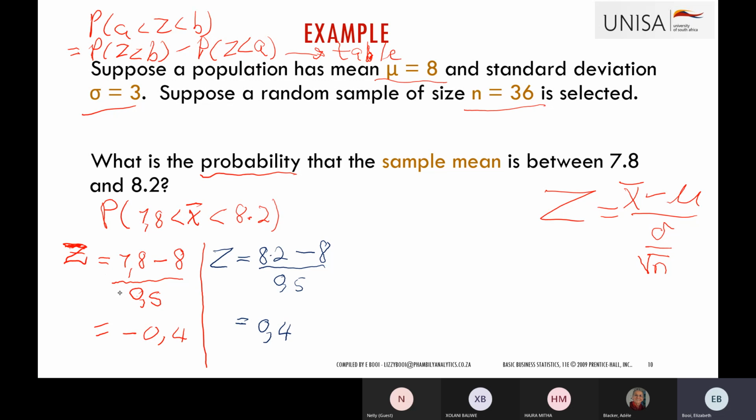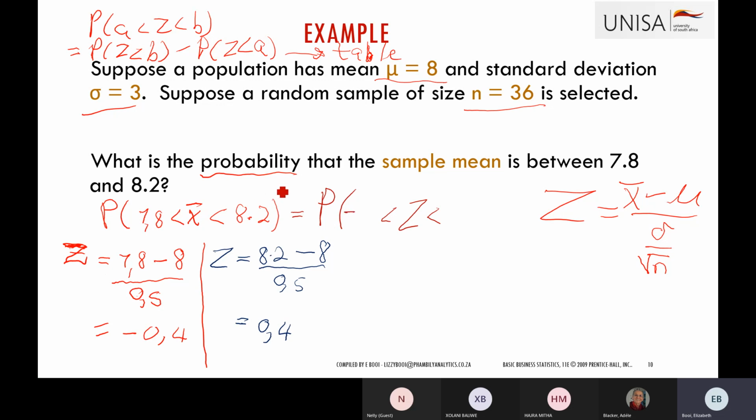So now we need to calculate the probability. We know what the probability will look like. Since we calculated the values of Z, I don't have to substitute again.